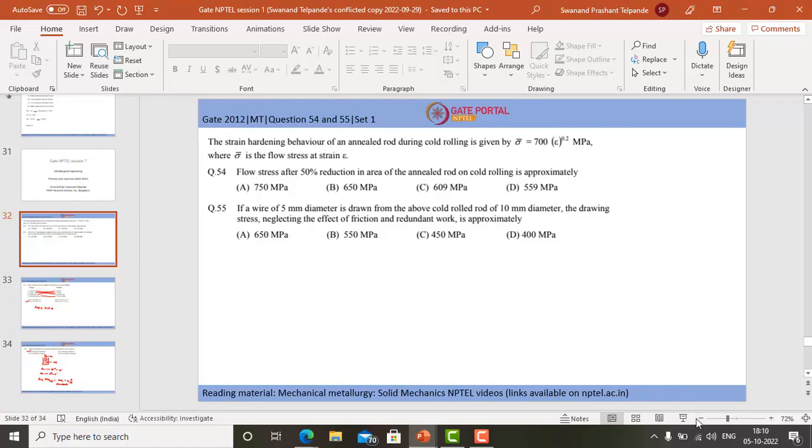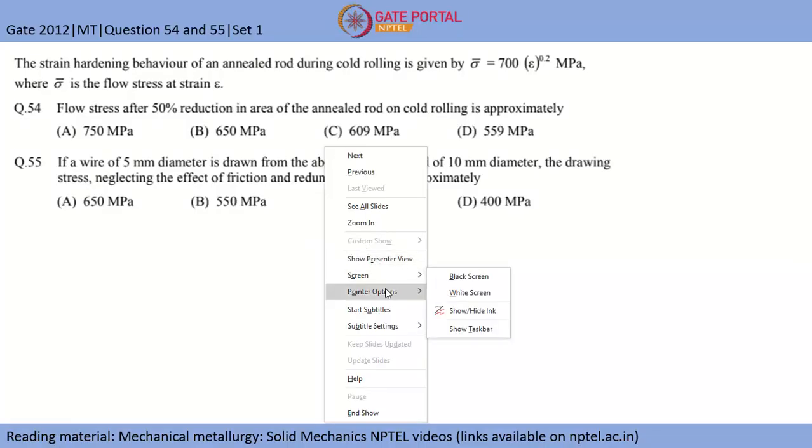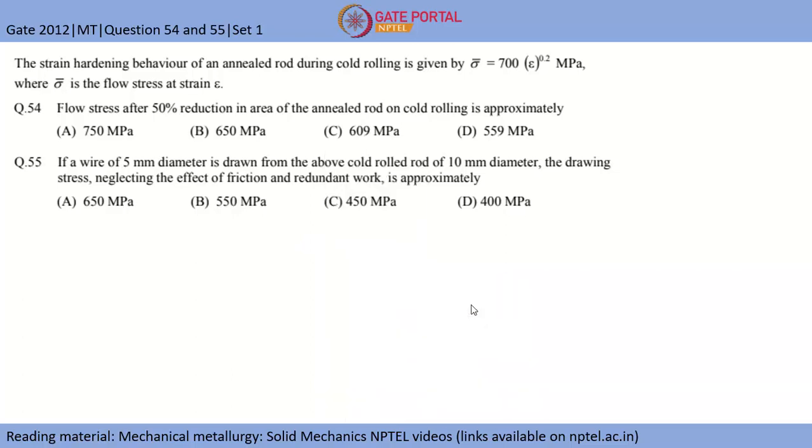Okay, let's solve this question. This is question number 54, GATE Metallurgical Engineering 2012 question paper. The strain hardening behavior of an annealed rod during cold rolling is given by sigma equal to 700 epsilon raised to power 0.2 MPa, where sigma denotes the flow stress at strain epsilon.